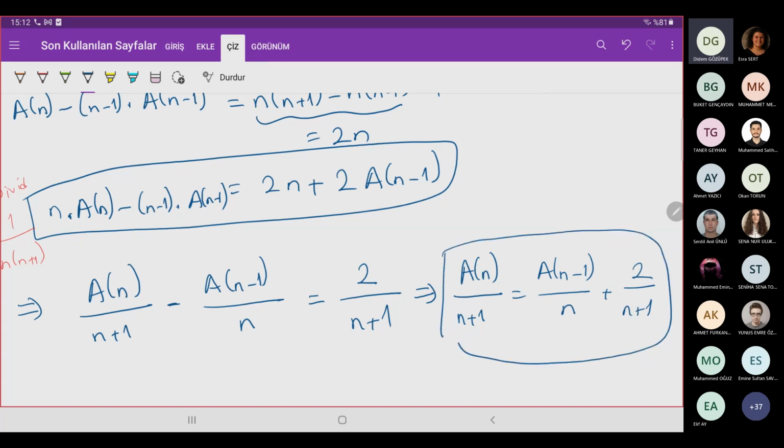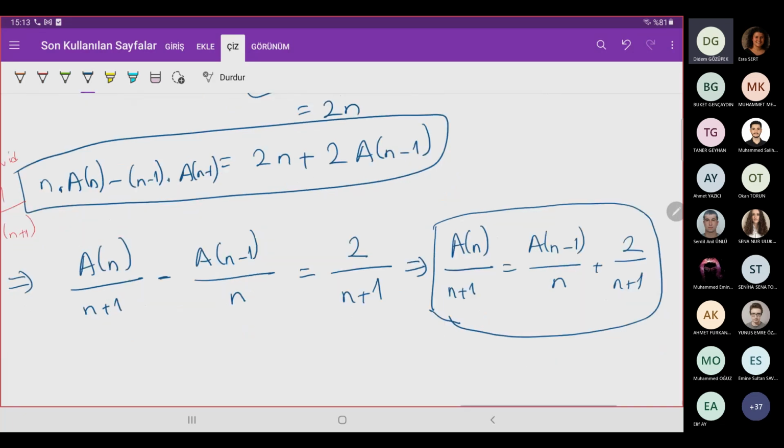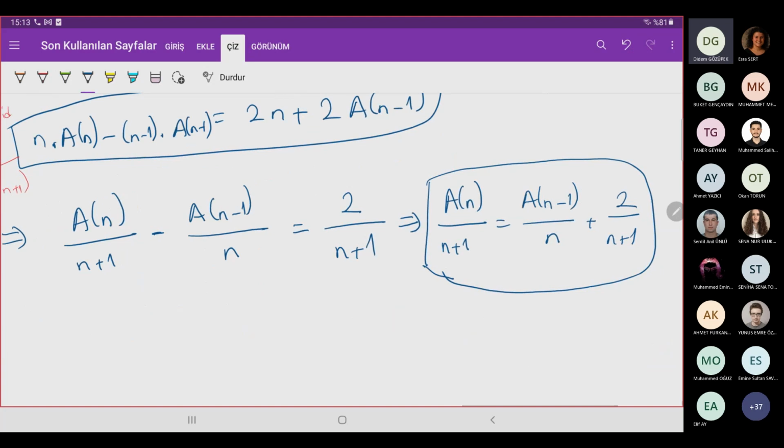This is important because now I can express a(n) over n plus 1 by another term, like a change of variable.